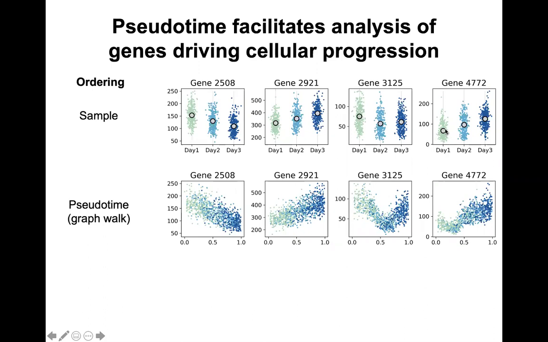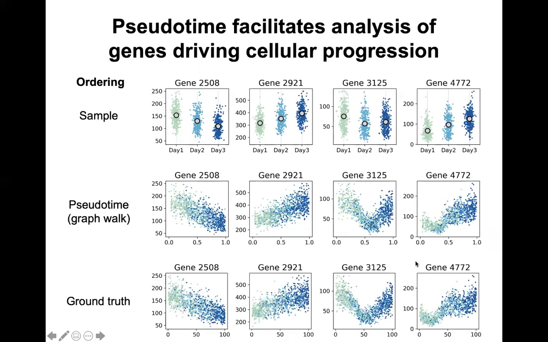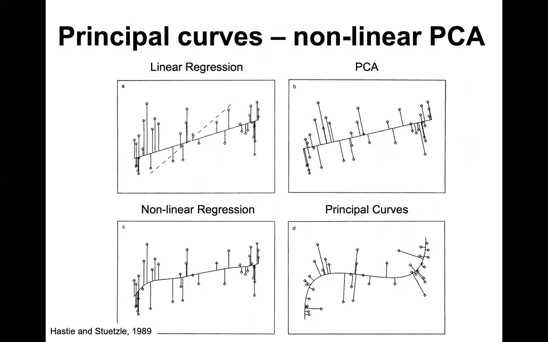Or that this gene starts high, goes low, and then goes up in between these 2 samples. Just looking at the days themselves doesn't give you a way to do this. And what's really cool is this data set has ground truth. We know how these genes are supposed to change throughout this process. And so we can confirm that the ordering that we're getting and the gene trends we're identifying along with time are valid. Right, so we can simulate data and use that simulation to just say that this kind of pattern could be picked up in this context.